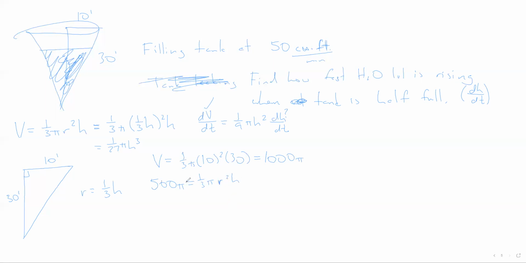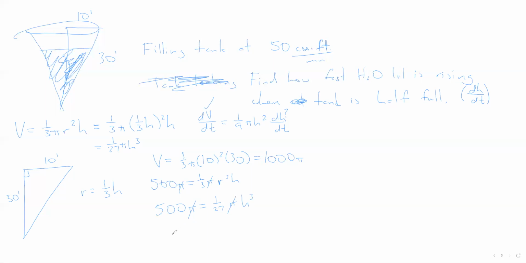Oh, that's nasty. I got two variables. Yeah, absolutely, so we know that. Oh, why did I use that equation? Oh, that's silly. I already wrote this simplified equation. So 500 pi equals 1/27 pi times h cubed.